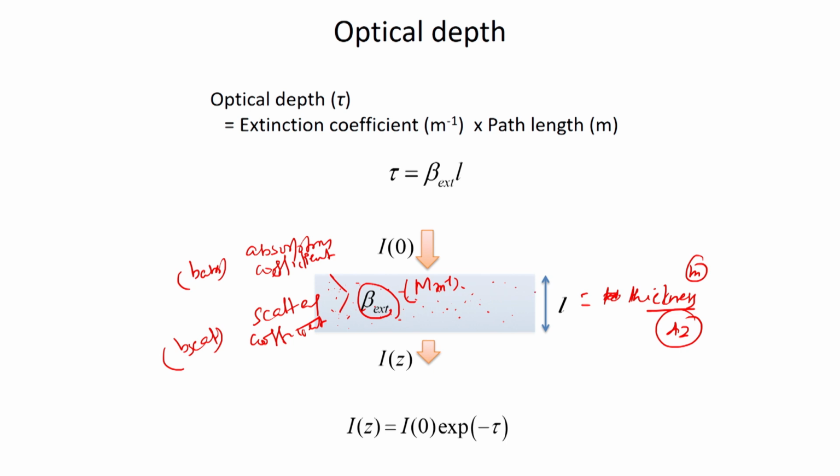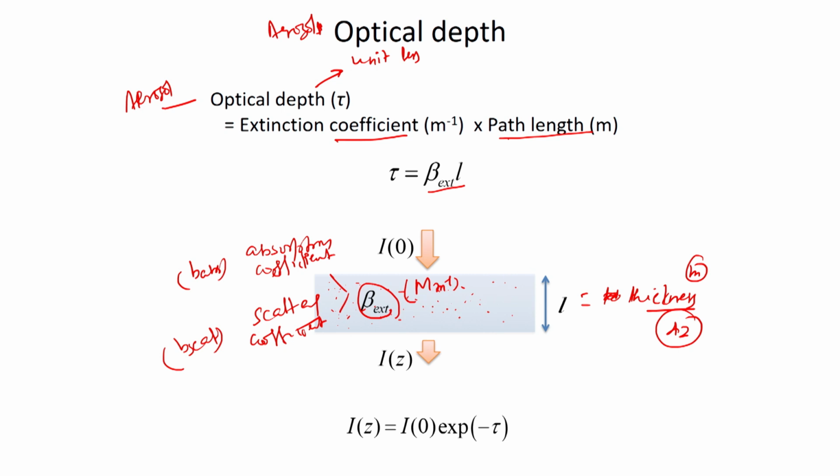If you multiply these two, the unit becomes unitless, and this is the term called optical depth, mostly called aerosol optical depth. So aerosol optical depth is nothing but the extinction coefficient, which is the sum of the absorption and scattering coefficients, and the path length through which the light is traveling.